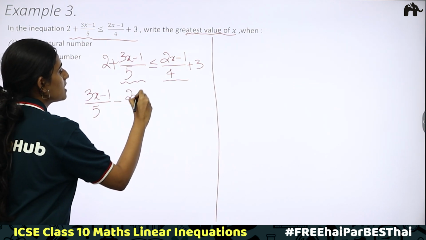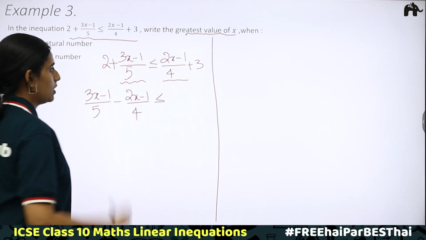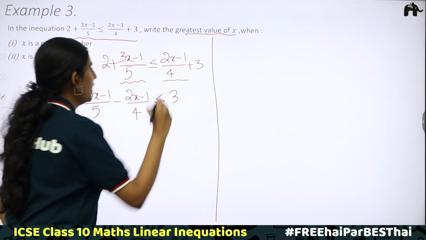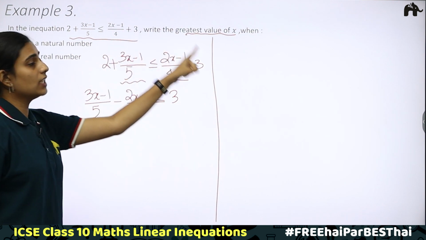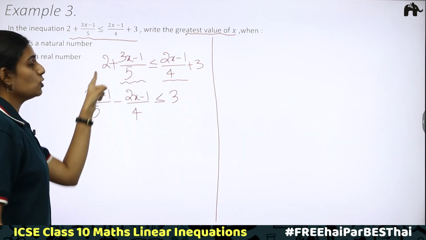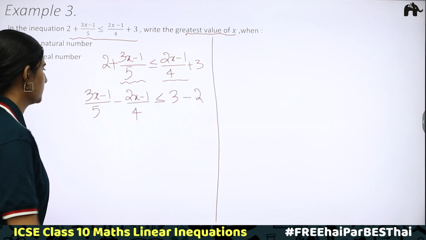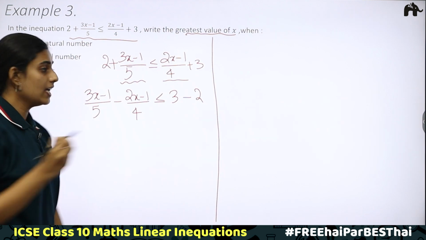Minus 2x minus 1 divided by 4 less than or equal to 3. When you shift this 2 to the right hand side, plus 2 becomes minus 2. Okay, 3 minus 2. In the next step, we can take the LCM.